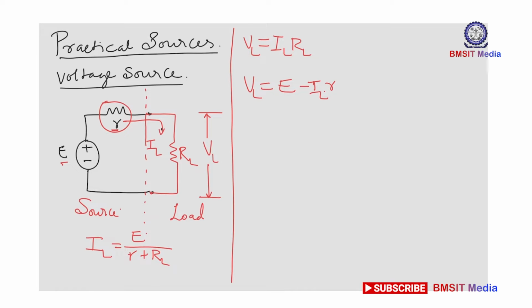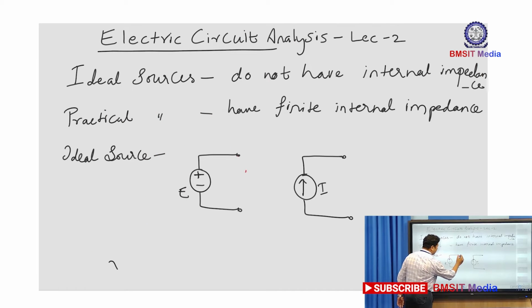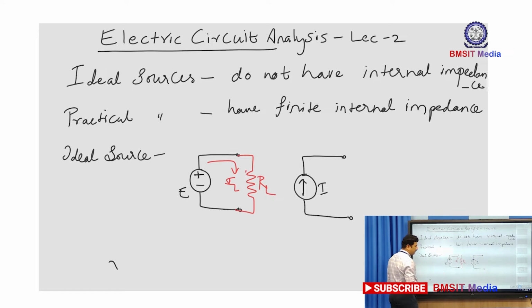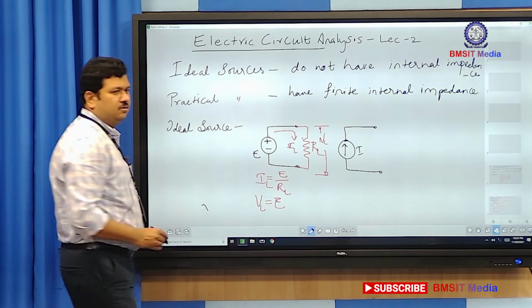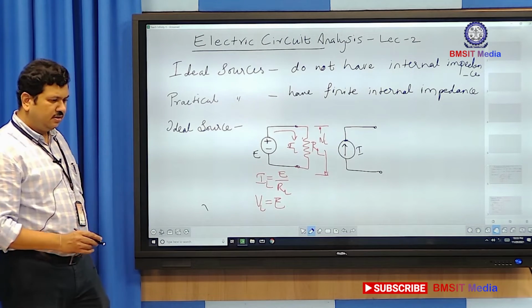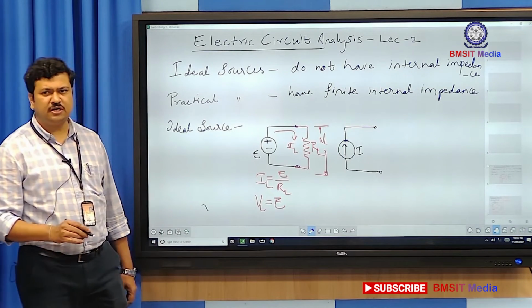Whereas, in an ideal source, whatever load I connect here, suppose I connect a load RL, it will circulate a current IL, and my IL is given by E divided by RL, and the terminal voltage VL is equal to E. So, this is the difference between the ideal voltage source and a practical voltage source connected in a circuit.